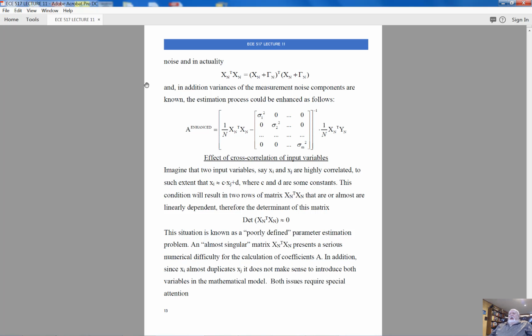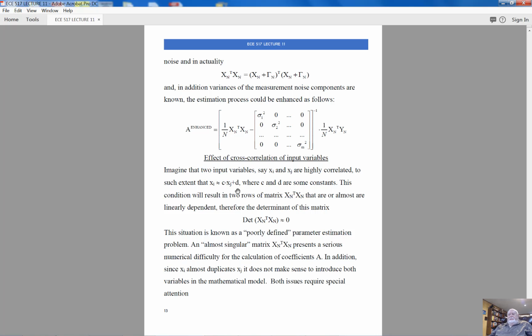Finally, I want to talk about the effect of cross-correlation of input variables. Let's say we have these variables x1, x2, and x3. Who knows if they are cross-correlated? In the worst-case scenario, it could be that xi for some input channel i is almost equal to c times xj plus d.